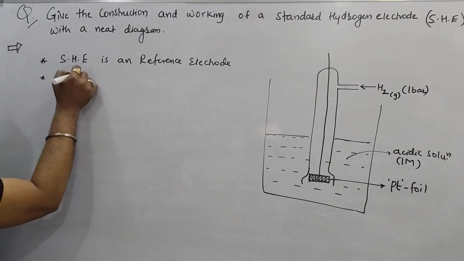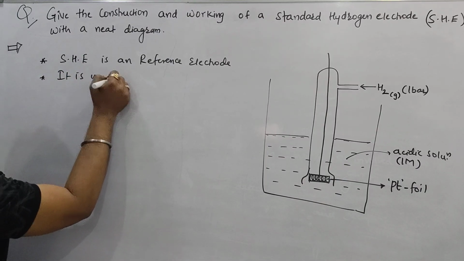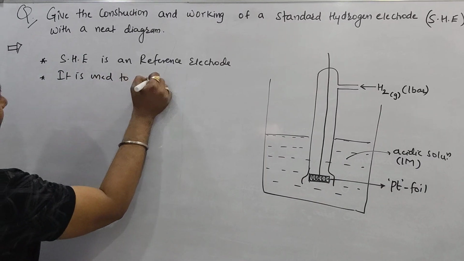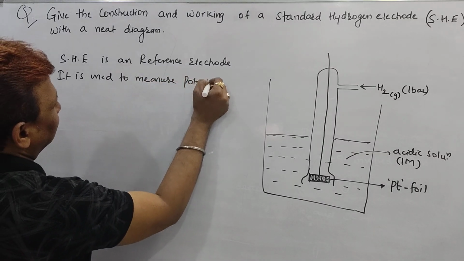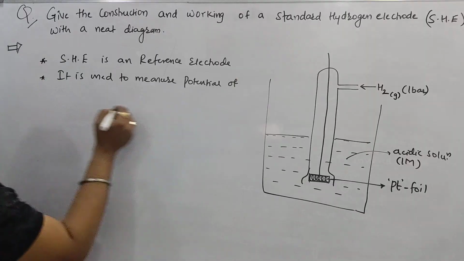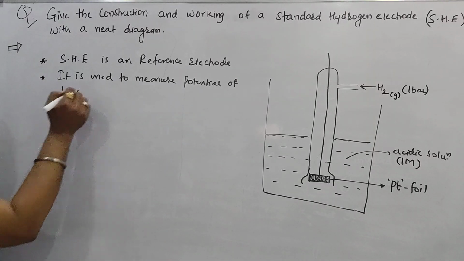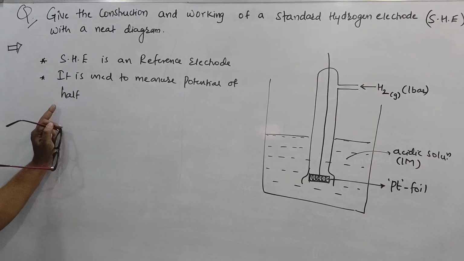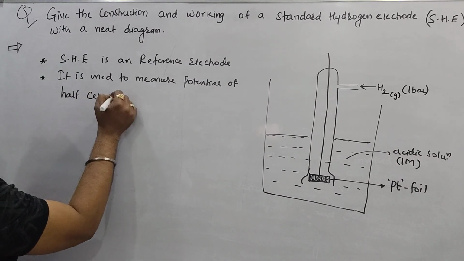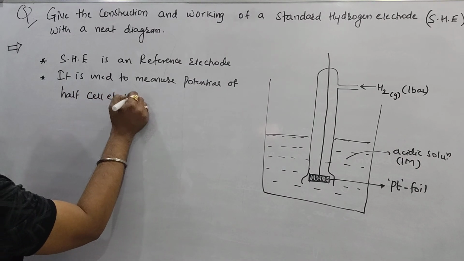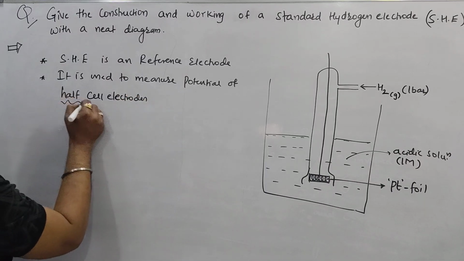Second point, it is used to measure the potential of a half cell, or we can say it is used to measure the potential of half cell electrodes. What is a half cell electrode?